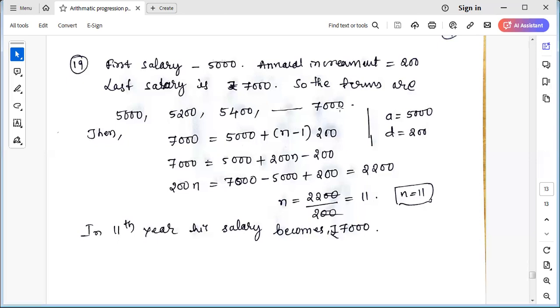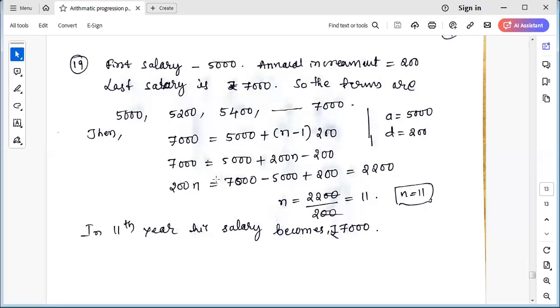And we have to check after how many years his salary becomes 7,000. So the 7,000 we will take as the last term, is equal to the first term plus n minus 1 into 200. Or you simplify: 7,000 is equal to 5,000 plus 200 n minus 200.